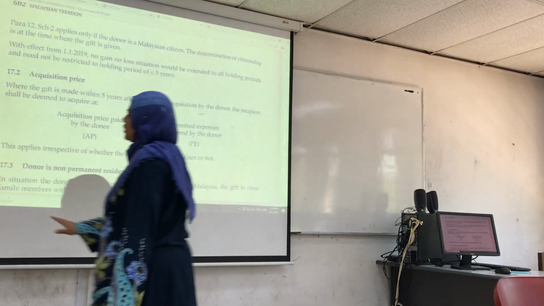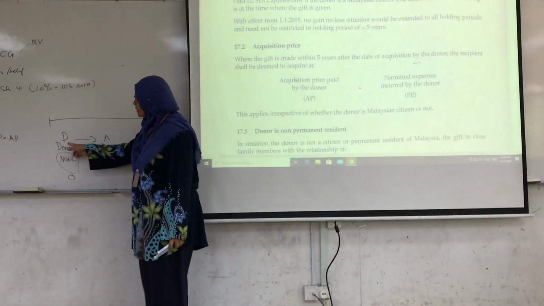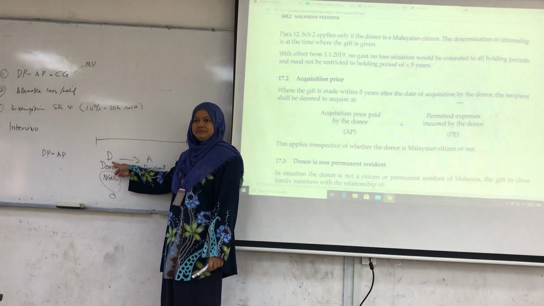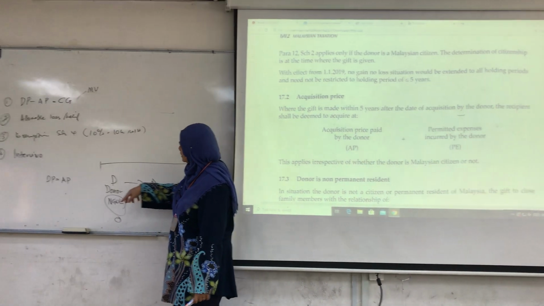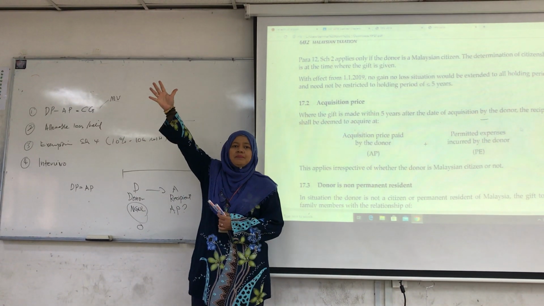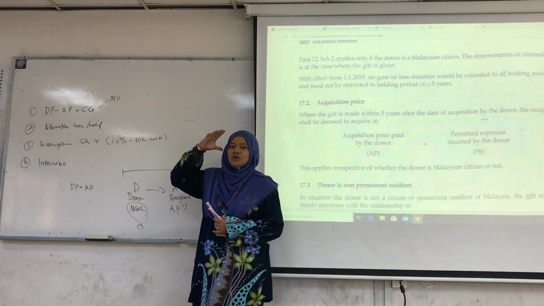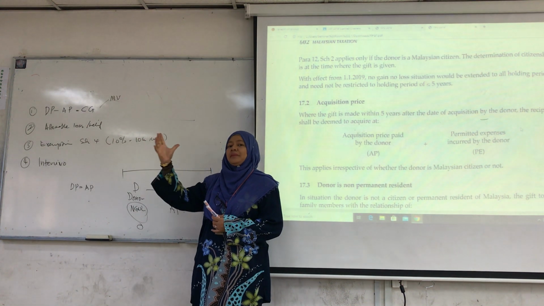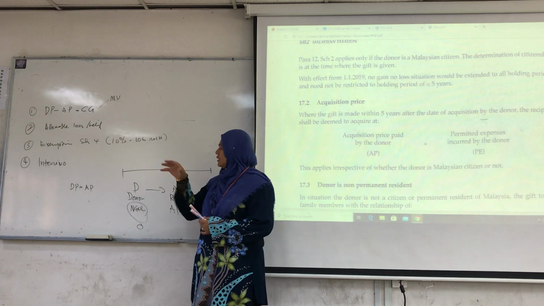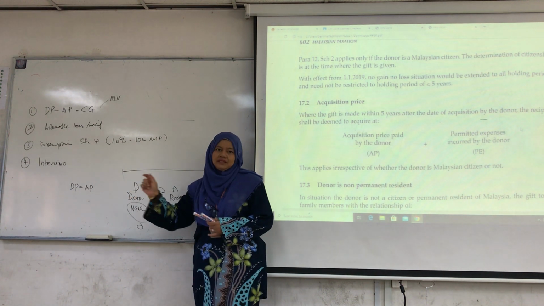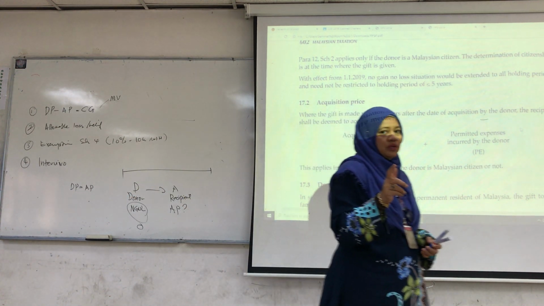Before we go into the acquirer, how do you decide on the acquisition price of the disposer? It goes back to AP, when you first purchased the asset: how much is the acquisition price, contribution paid, incidental cost, and capital receipts. It is just that the disposal price is deemed to be the acquisition price. That is why you have no gain, no loss.